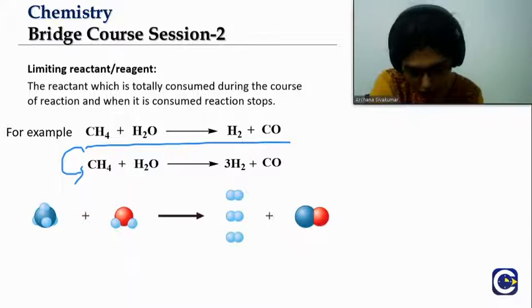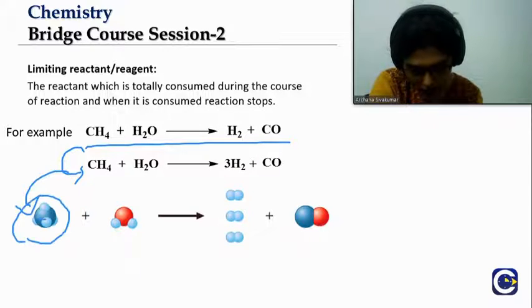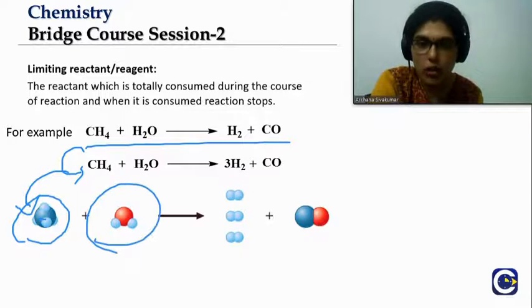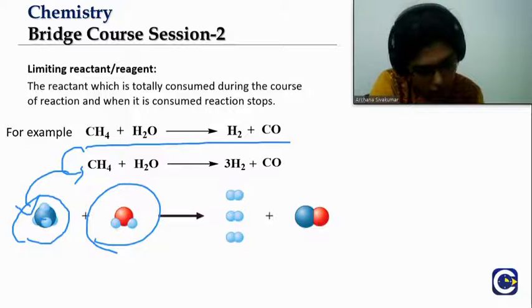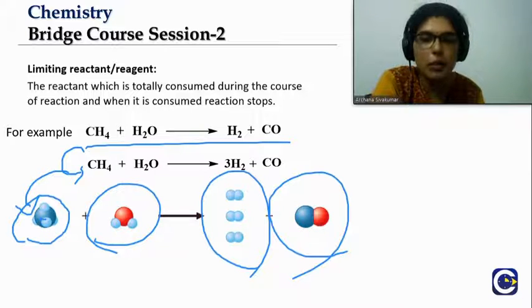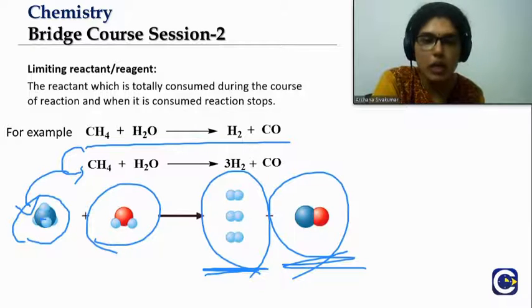In molecular form, carbon is this light blue color with 4 hydrogens attached, reacting with a water molecule to give 3 hydrogen gas molecules and 1 carbon monoxide molecule.